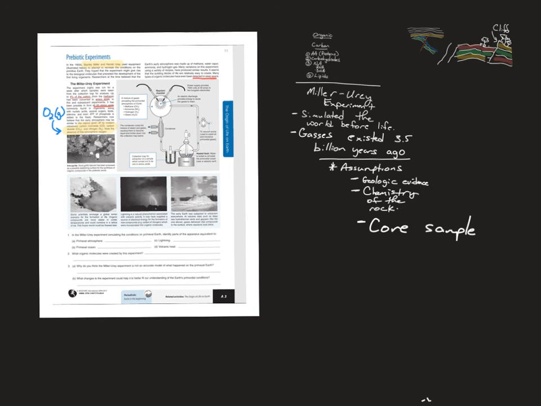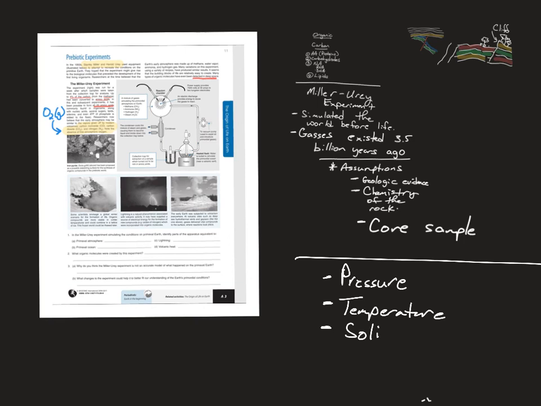So I would ask you to think about things like pressure, things like, I don't know, temperature. Could you add any solids? So far in the experiment you saw liquids and gases. Are there any solids that could be added that might help it be more accurate or be a better simulator?